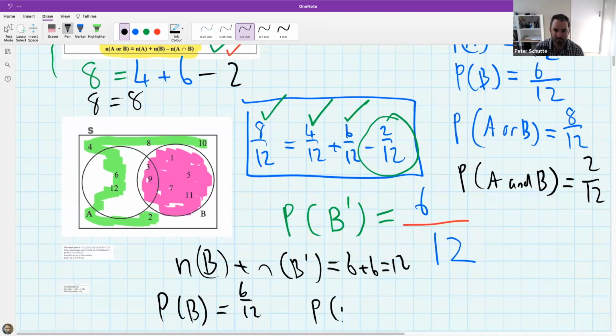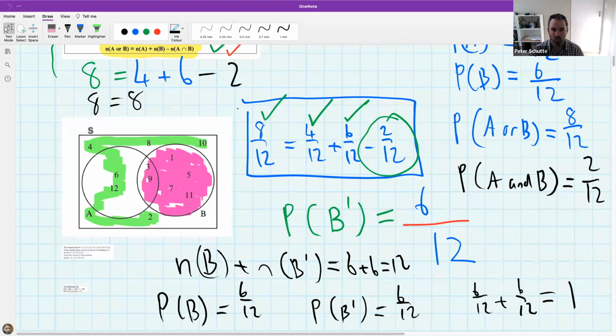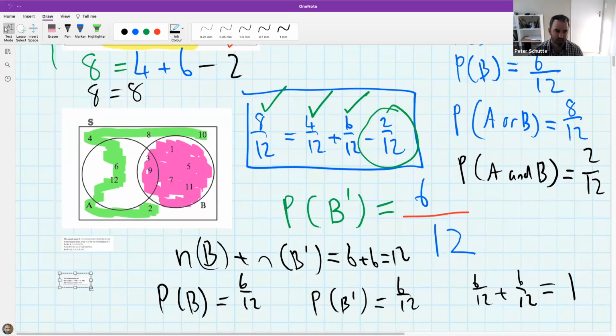And the probability of being in B dash is also going to be 6 out of 12. Together, they sum to give you a probability of 1, or 12 out of 12. And these are called complementary events. Okay, give me a thumbs up if you feel like you understand what a complementary event is. Give me a thumbs down if you feel like you don't understand what a complementary event is.